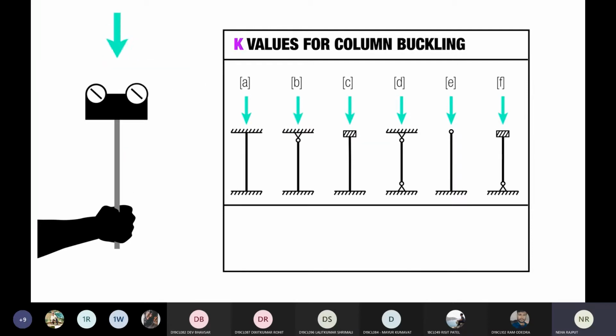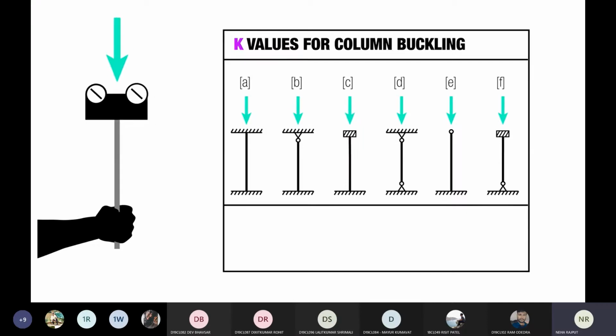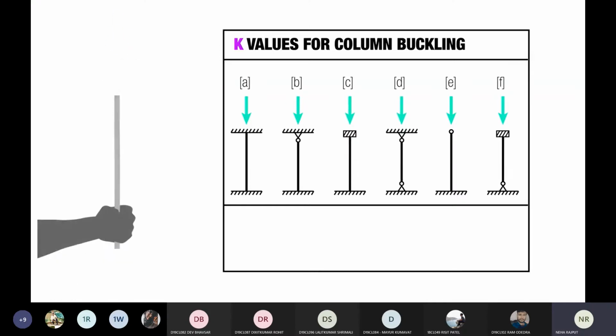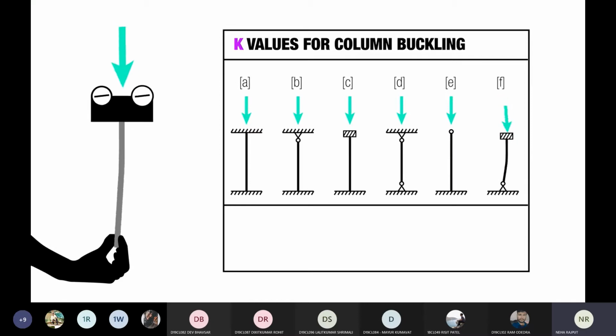In C, you have something that's rotation fixed but translation free on the top, and something that's rotation and translation fixed on the bottom. In D, we have two pin connections. In E, you have something that's fixed on the bottom and allowed to move around at the top. And then in F, we have something that has a pin connection on the bottom and translation on the top.